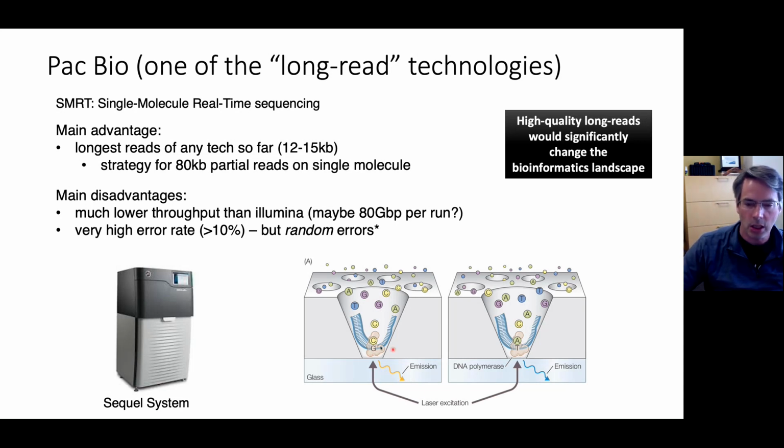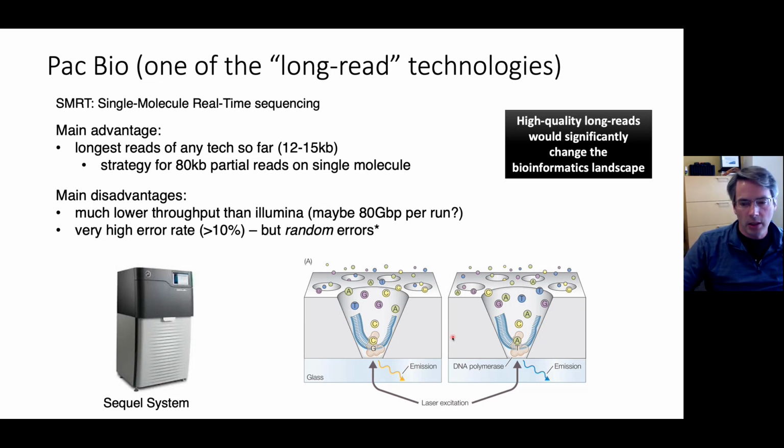If you leave the laser on to get a continuous read, your read is shorter than if you turn the laser on intermittently. So you read 100 base pairs, turn it off, read another 100 base pairs, turn it off. That's where they can get out to 80 kb or more on a single molecule. You still know all of these reads are linked together physically because you're reading literally right along that molecule.